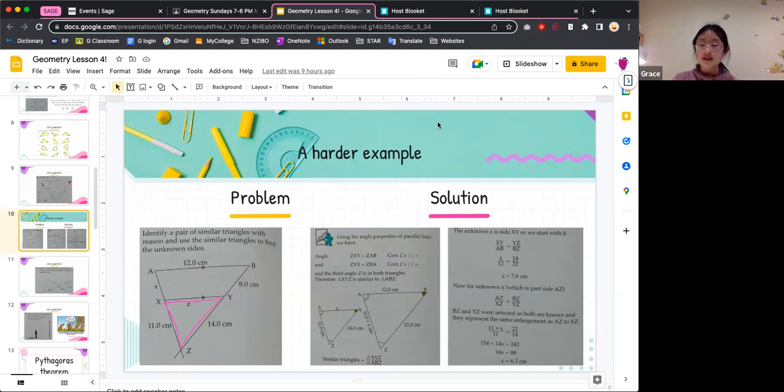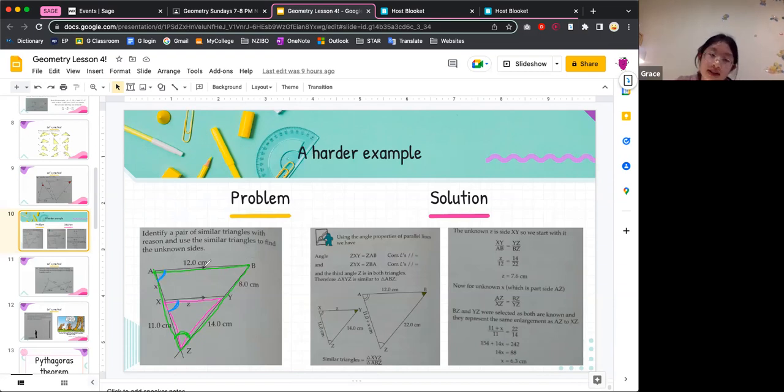And we've got a bigger triangle, AZB, like that. And we know that they're similar because they both share this angle, right? And this angle of XYZ is equal to this angle in the bigger triangle.